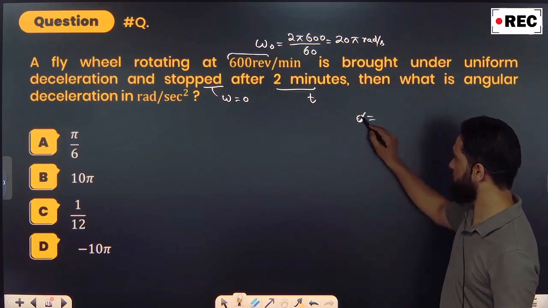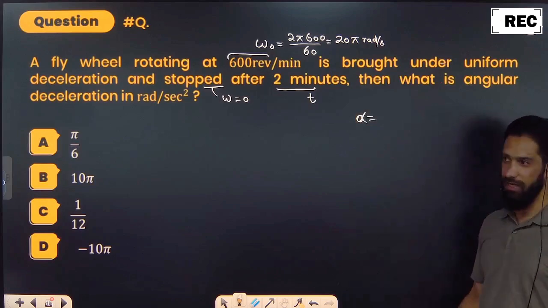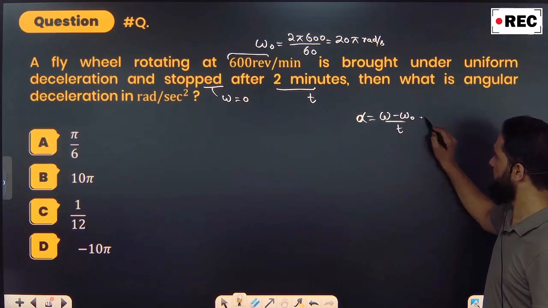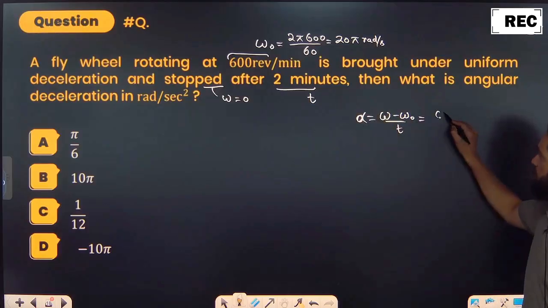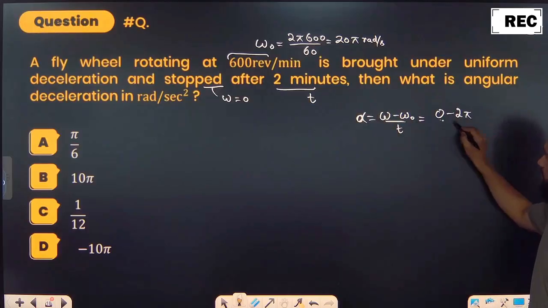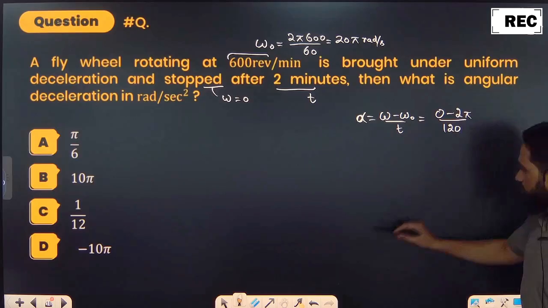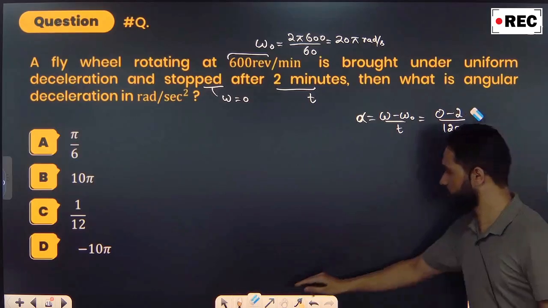Acceleration is always final minus initial by time. Final minus initial by time. Final is 0. Initial is 2 pi. Time taken is 2 minutes, 120 seconds. Okay, sorry, 20. Yes. Initial it is 20.